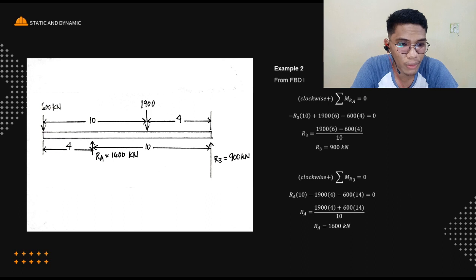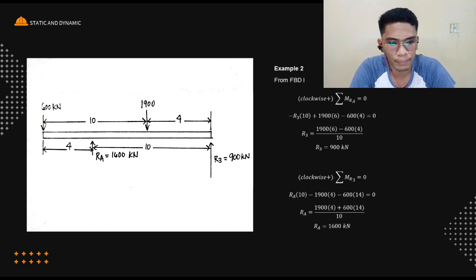So, katulad po ulit ng ginagawa, isolate po natin si RA sa kabilang side. And then, RA po natin is equals to 1,900 multiplied by 4 plus 600 multiplied by 14 all over 10. So, ang ating RA is 1,600 kilonewton.